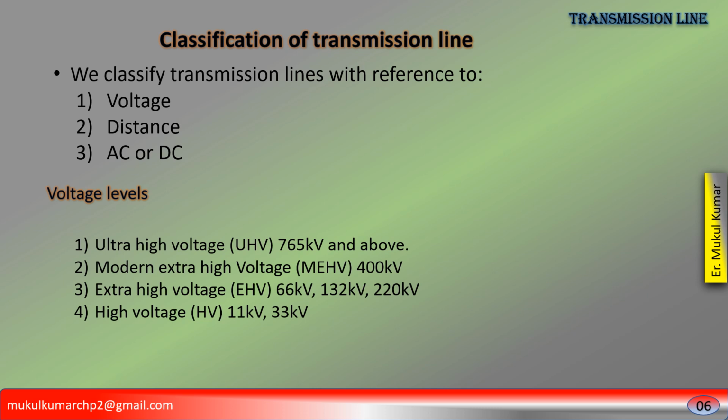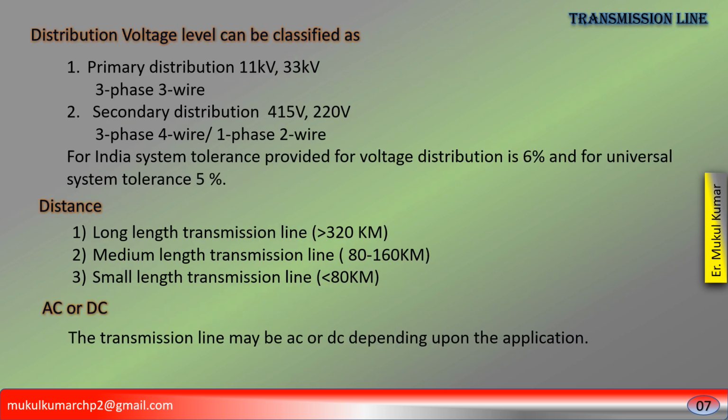Second is modern extra high voltage, above 400 kV. Third is extra high voltage EHV, 66 kV, 132 kV and 220 kV. And last is high voltage HV, 11 kV and 33 kV.